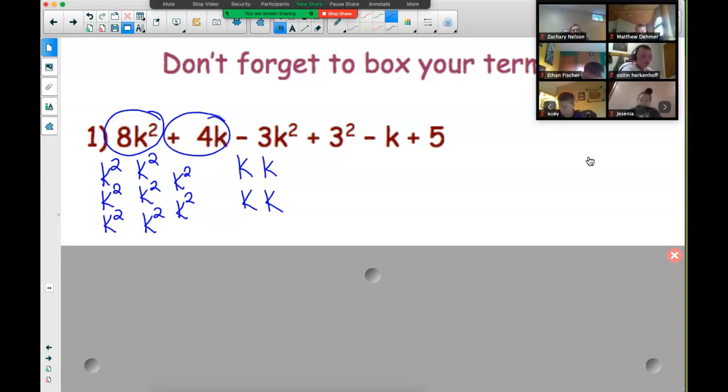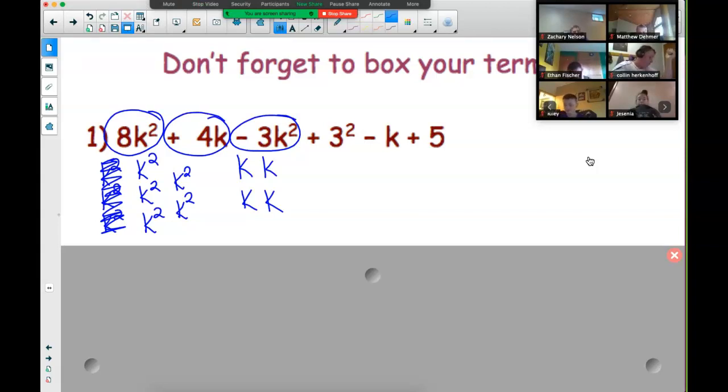Be really careful with minus signs because the next one says minus 3k squared. So we have to take away 3 of the k-squareds. So cross out 3 of them. I've done that. Here's where some of you might get stumped. Okay, what do I do with 3 squared? What is 3 squared?